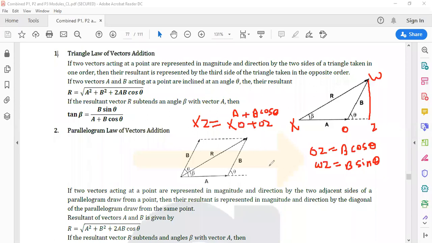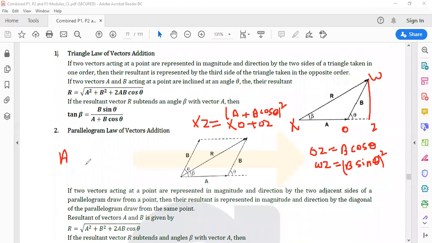Got it? So XW square is equal to XZ square plus WZ square, which is (A plus B cos theta) whole square plus (B sin theta) whole square. Got it?